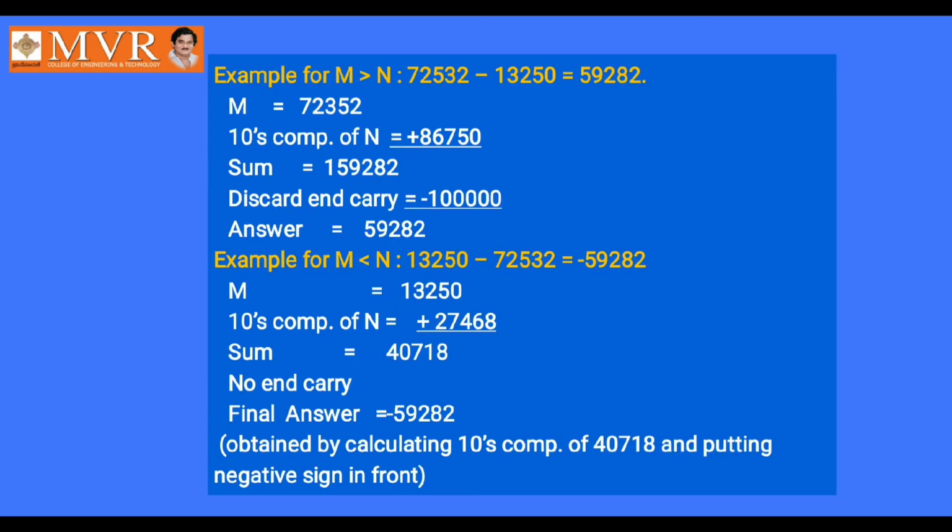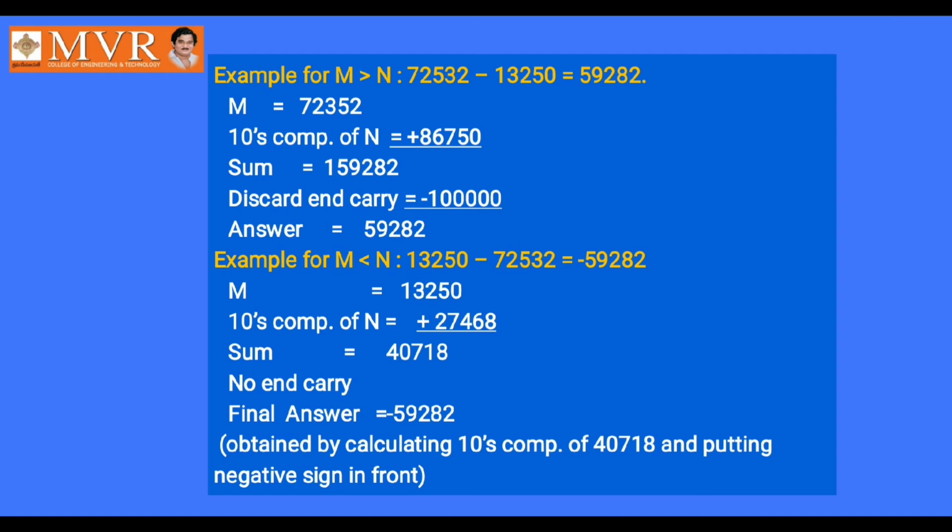Here in the second example, where m is less than n, for the sum 40,718 no carry is generated, so we convert that sum into its 10's complement and put a negative sign as the final answer.